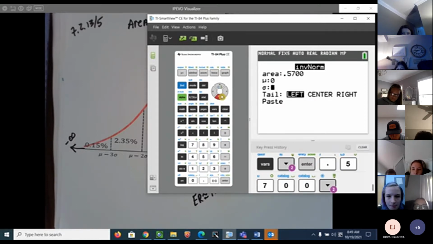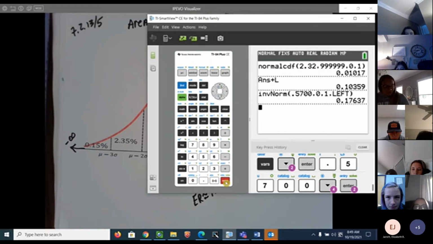And it is left because they said to the left. If it said to the right, you would do right. Paste. And I think it's going to be around 1.2. Ooh, I'm sorry, 0.2, not 1.2.